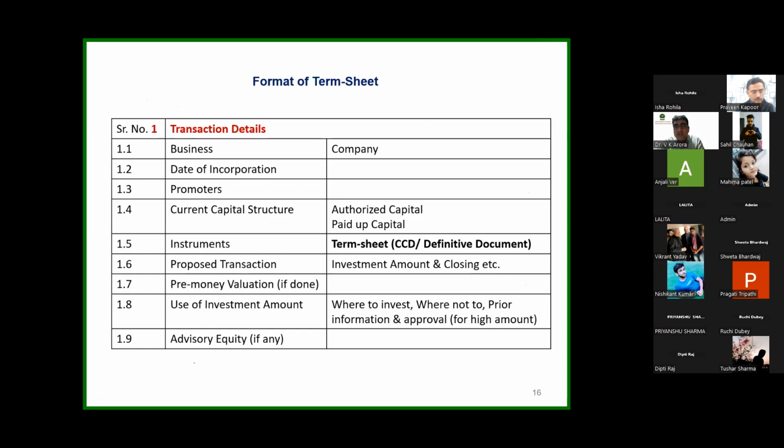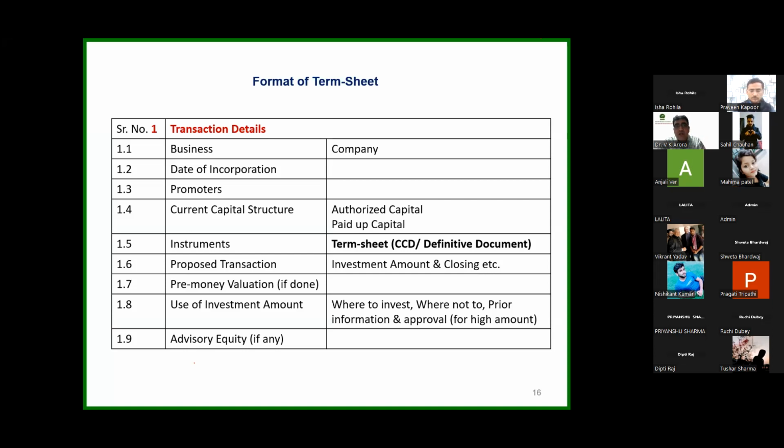If any such kind of document is not signed within 60 days or within 90 days or within 30 days, the value of the term sheet is going to be diluted. The value will not be there. It is just zero. And nobody is going to take any legal action against one another, right? I hope this is clear.